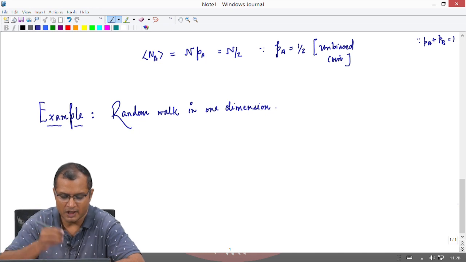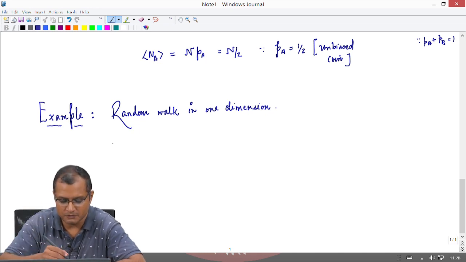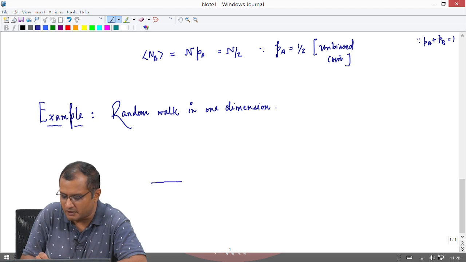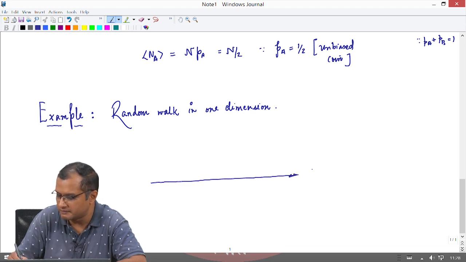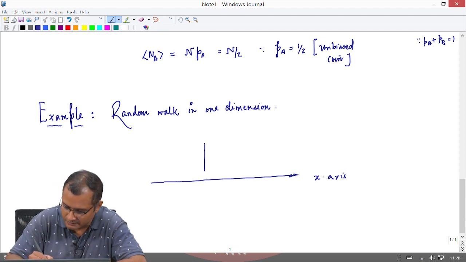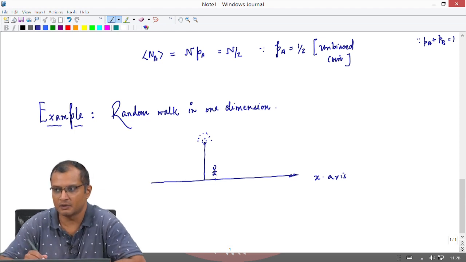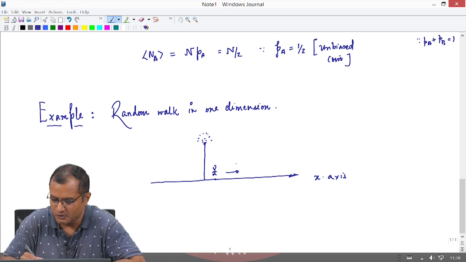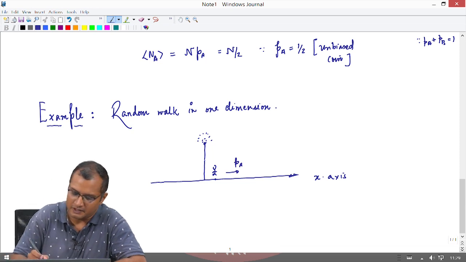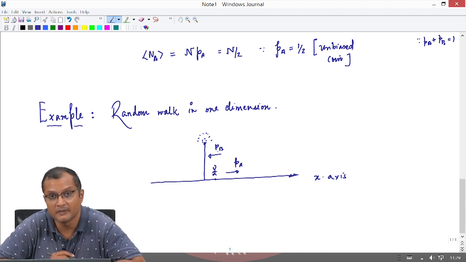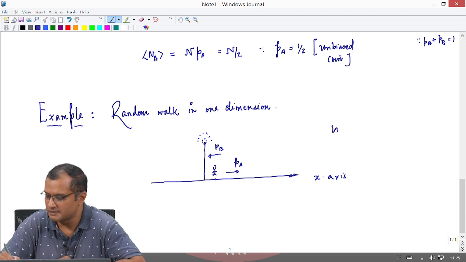So, let us say you have a walker, our 1D walker, walking on a line. Let us say this line is the x axis, and there is a lamp post here, okay, where he starts his walk. Now, the walker can go right with the probability P of A, and the walker can go left with the probability P of B. Let us say that the walker is unbiased.